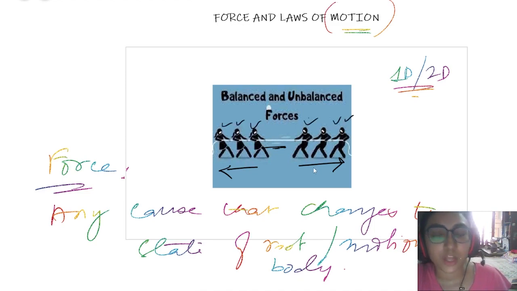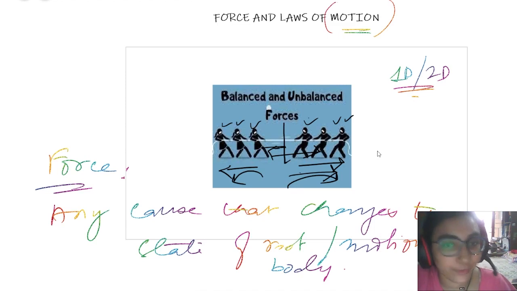Okay. So here we can see that it is more or less balanced because no one is pulling more than the other group, right? So here the rope is also taut and it is not moving anywhere. It's not inclined towards this side or this side. It is equally balanced. So this is a small example of a balanced force.